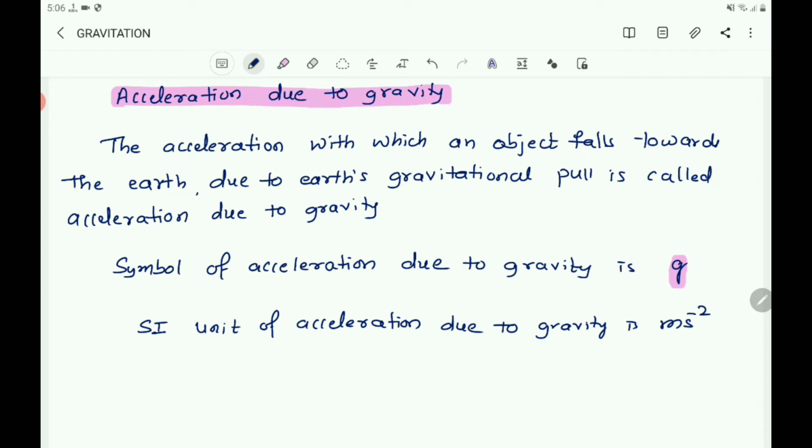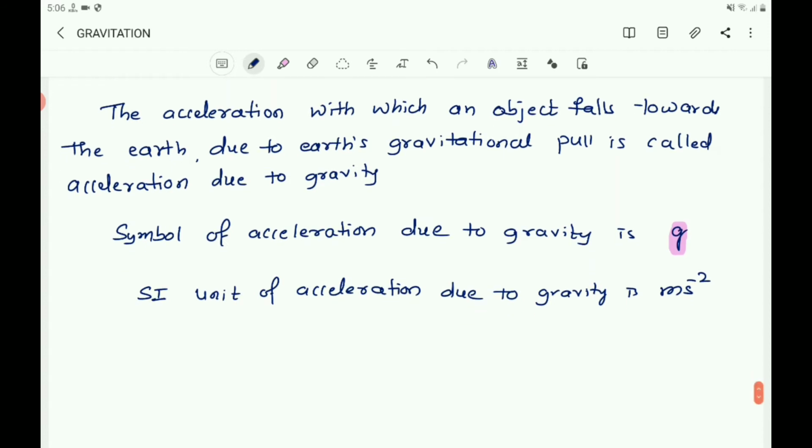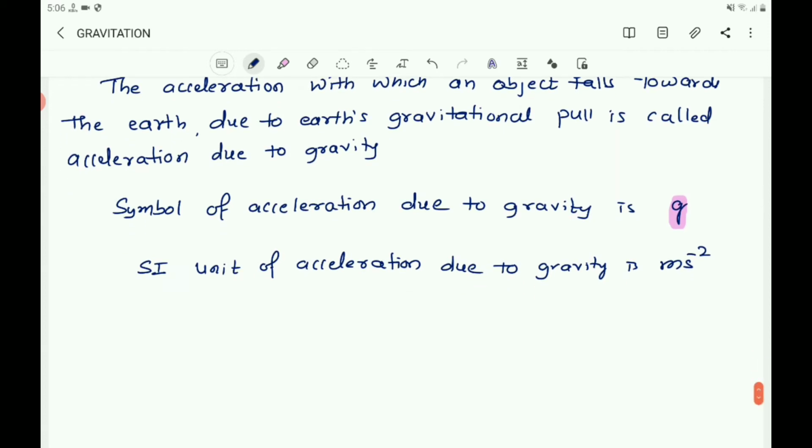Now what is the formula to find the acceleration due to gravity? According to the second law of motion, force is the product of mass and acceleration, that is F equals m into a. So by using that relation and also the universal law of gravitation, you can get the formula for g.